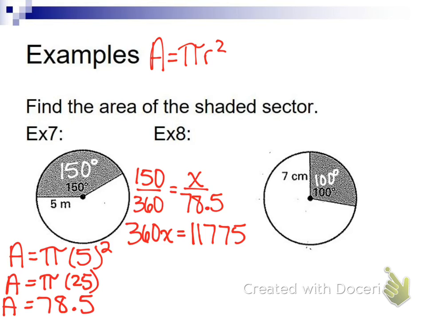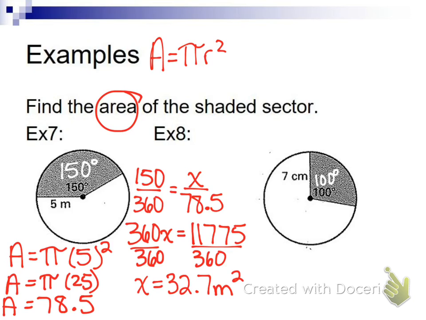Okay, last step. Divide by 360. What do we get for x? 32.7. What should our units be? Meters squared, because we were finding area. The direction said find the area of the shaded sector.